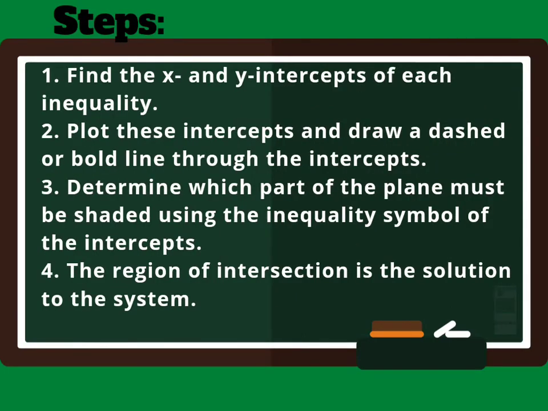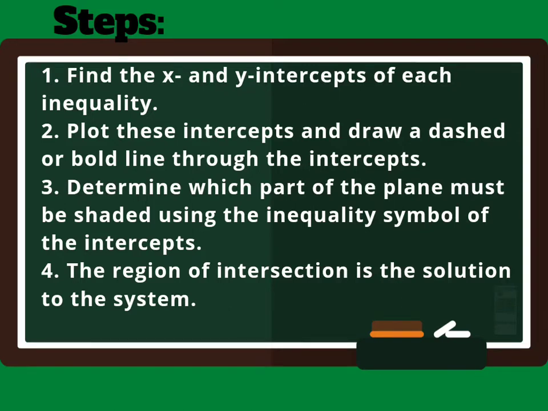Okay, so just follow these four simple steps in graphing the system of linear inequalities. First, you are going to find the x and y intercepts of each inequality. Second, plot these intercepts and draw a dash or bold line through the intercepts.